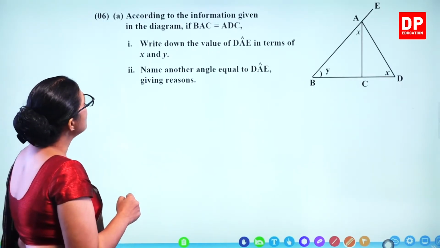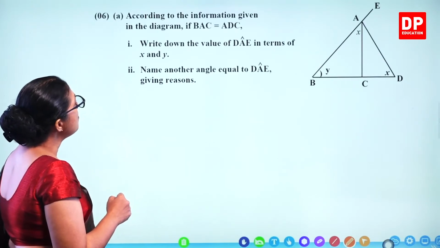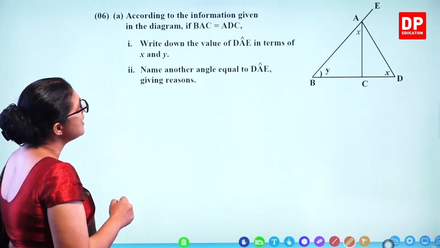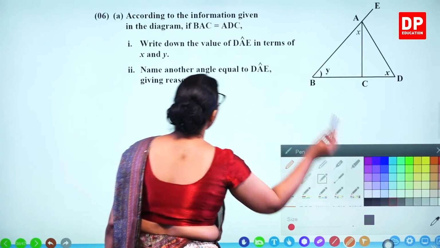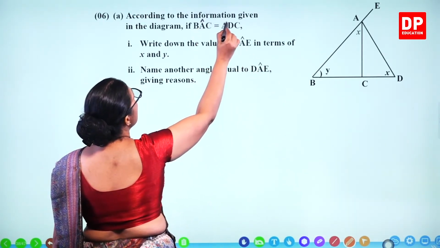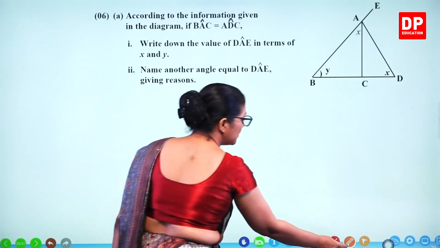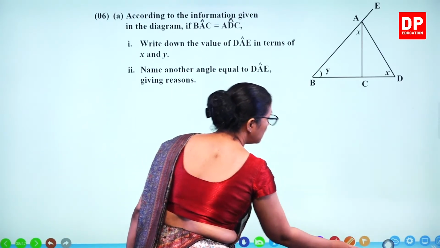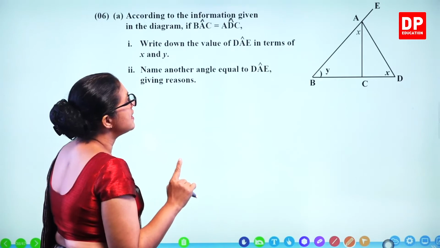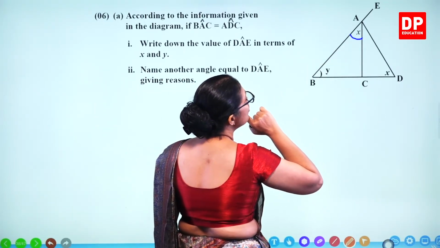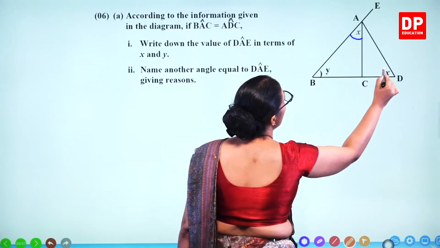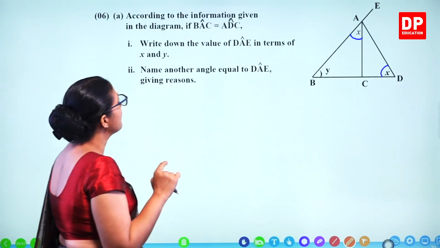Part A, according to the information given in the diagram, if BAC is ADC, so this should be the angle BAC and ADC angle. BAC, this angle is equal to ADC, already given, that's x.